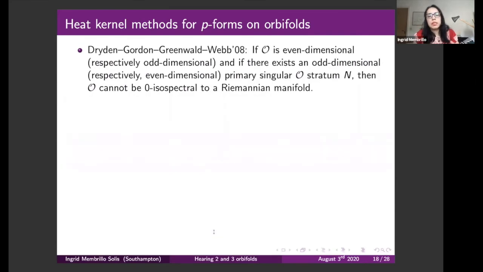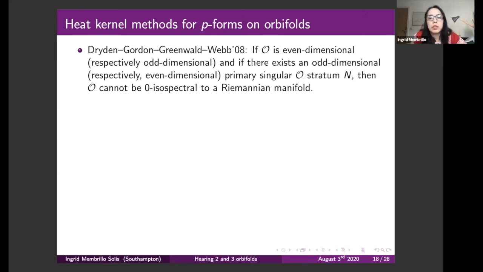Building on these results, Dryden, Gordon, Greenwald, and Webb in 2008 obtained a very nice theory that basically says that we can hear, in some cases, the singularities of an orbifold. This is what we might call the parity theorem, and you will see why.